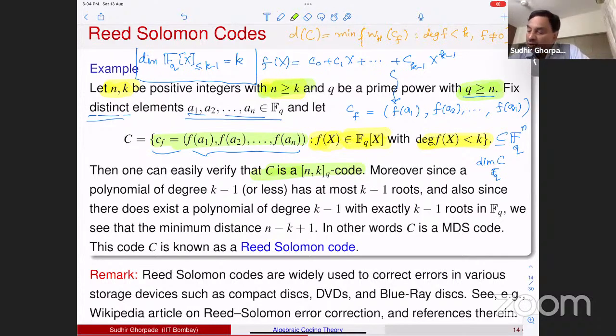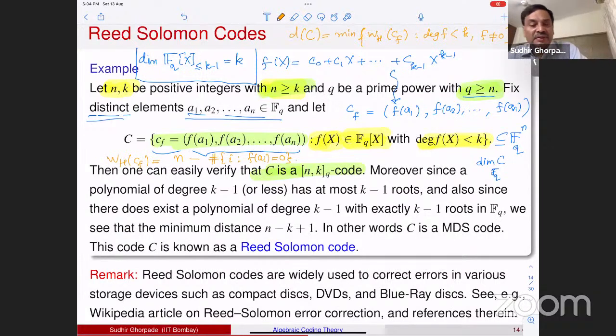So let us try to understand what is the minimum distance of this. What is the Hamming weight here? The weight of C(f) is going to be the number of positions in which C(f) has a nonzero coordinate. So the total number of positions is n, minus the number of i such that f(ai) is 0.